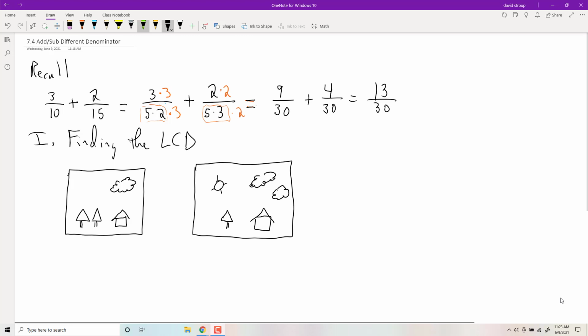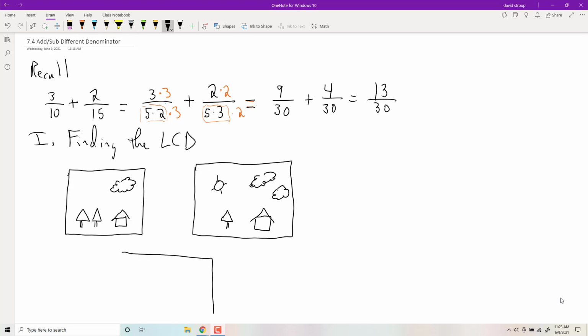Okay, so the process of finding this common denominator is basically making these 2 pictures the same by adding in as little as possible. Because that left picture has 2 trees, you're going to need 2 trees. It seems like it takes me forever to draw here.